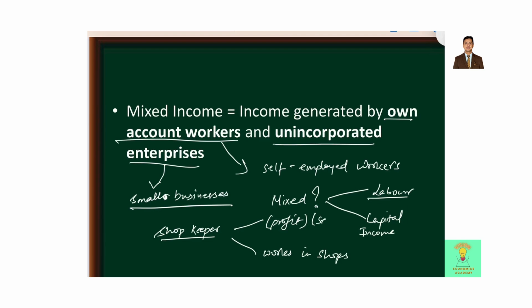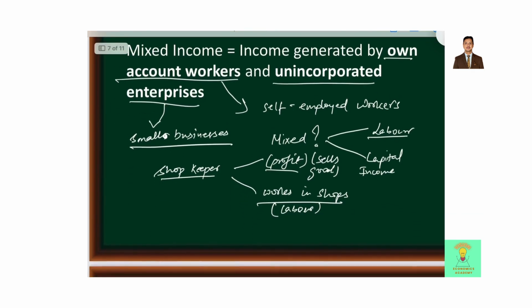So he sells goods, works in the shop, that is the labor. So he makes profit, he receives wages also. So there is a combination of both labor earnings and capital earnings, right?